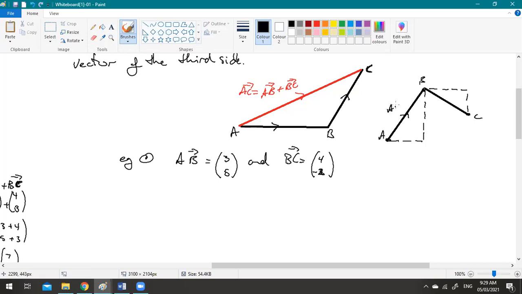Here will be the vector AB, and here will be the vector BC. The resultant vector from A to C would be AC is equal to AB plus BC.